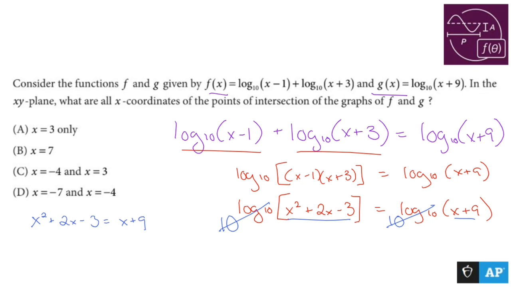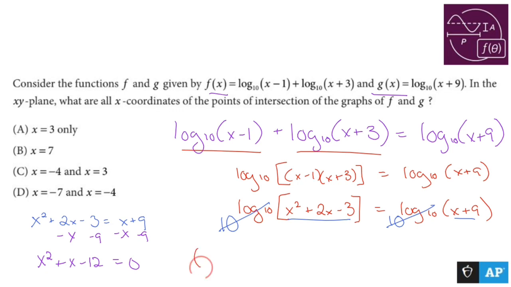Now, this is a quadratic. So I want to move everything over to the left. Minus x, minus 9. And that leaves me with x squared plus x minus 12 equals 0. Now I look at this and I'm thinking zero product property thoughts. Can I factor that?